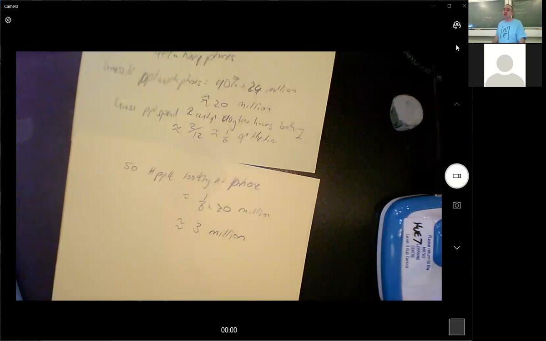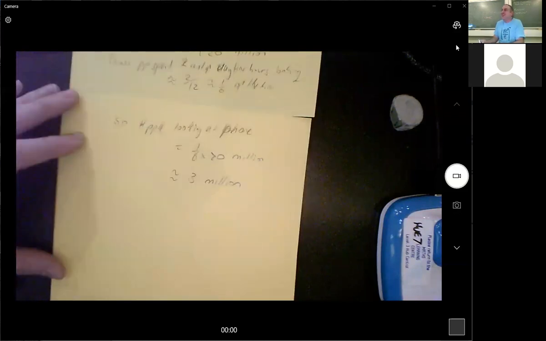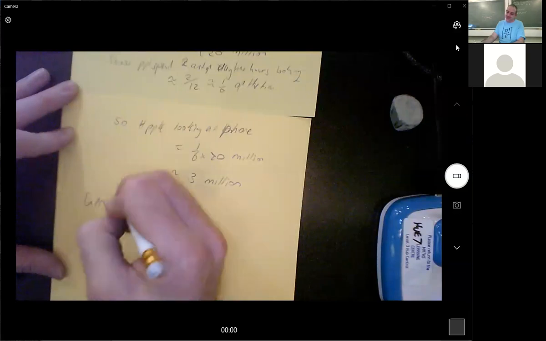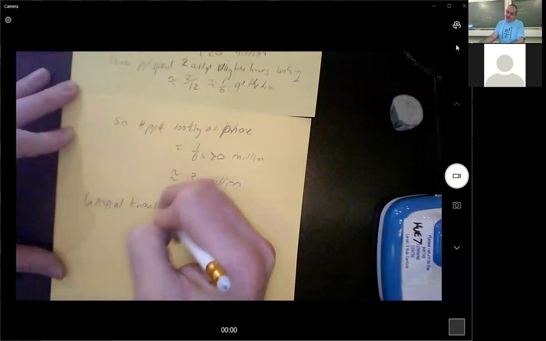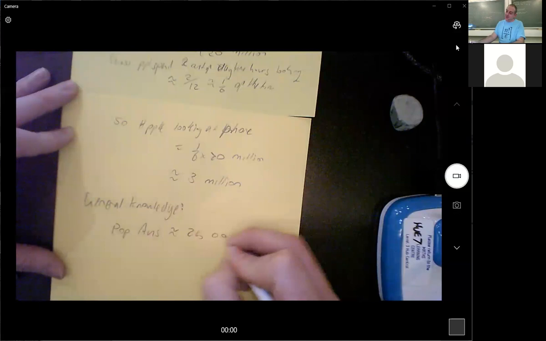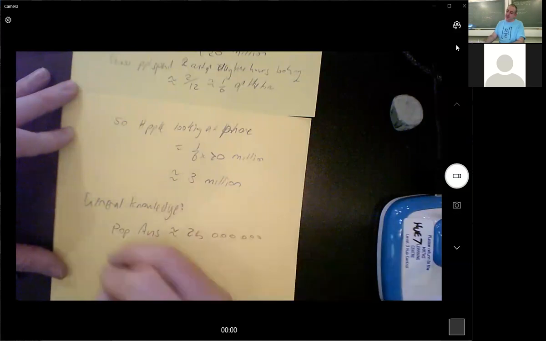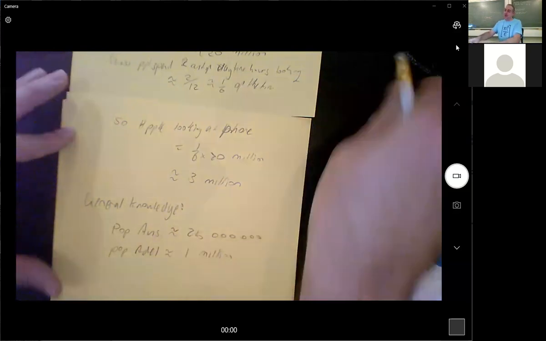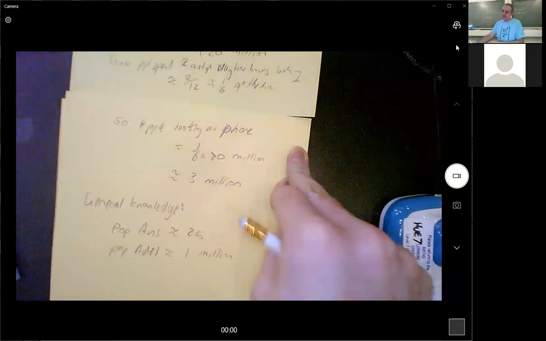But since they often tend to be about population, some useful general knowledge facts. The population of Australia is about 25 million, and the population of Adelaide is about 1 million. Just if that helps for any future things.